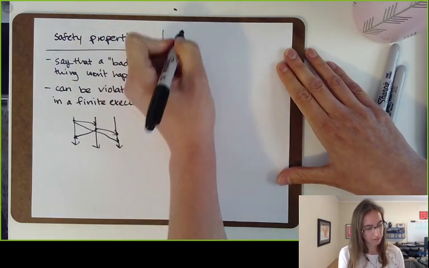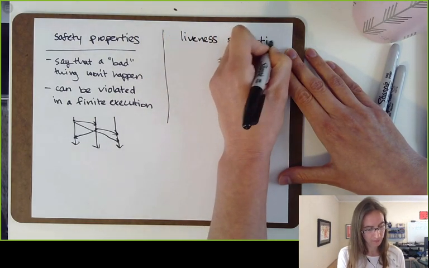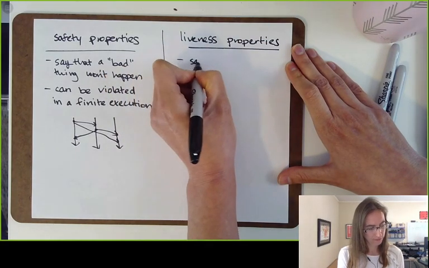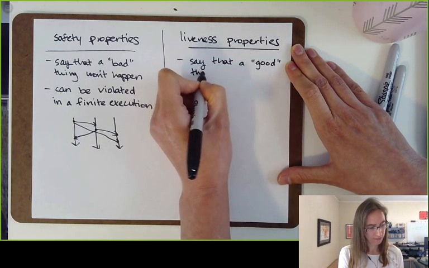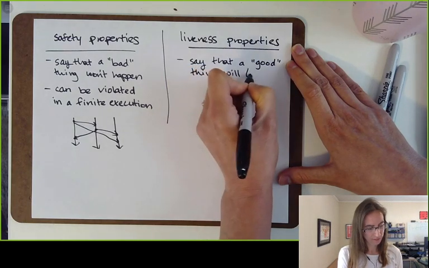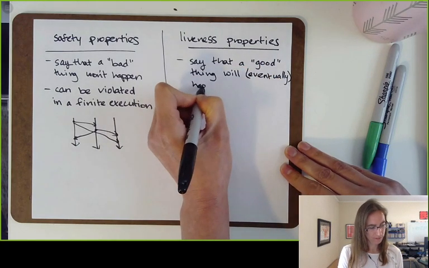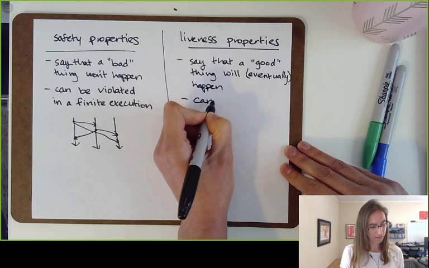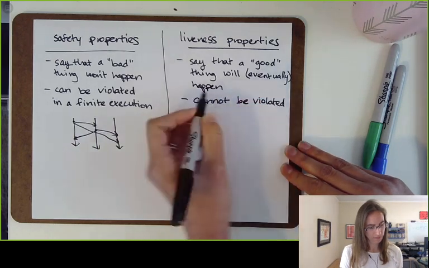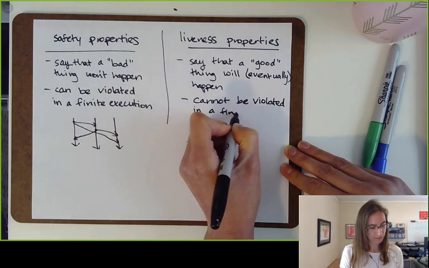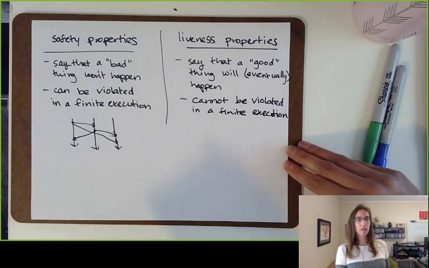Liveness properties, on the other hand, cannot be violated in a finite execution. Why not? Why do you think that is?